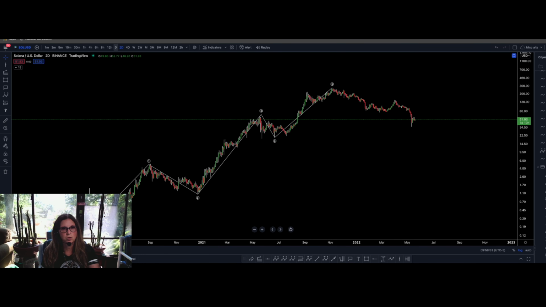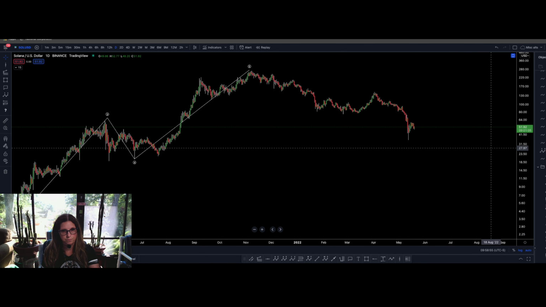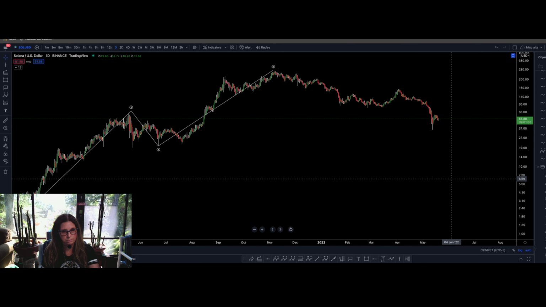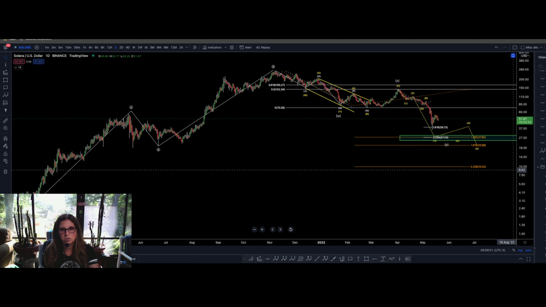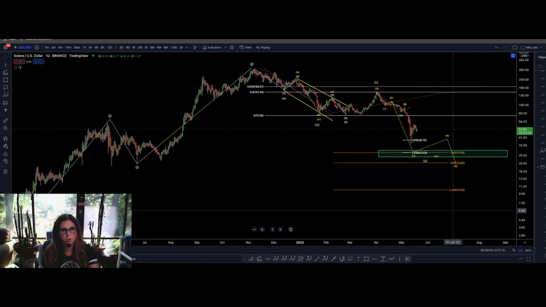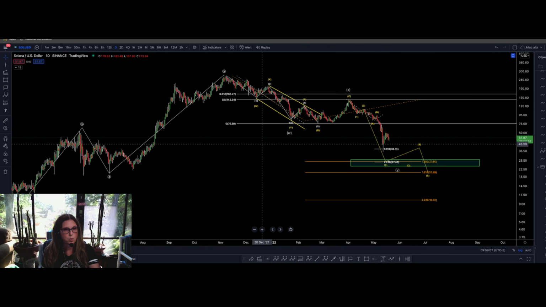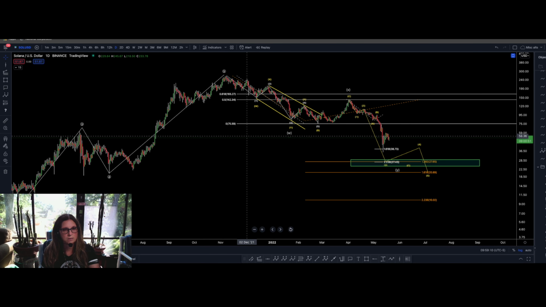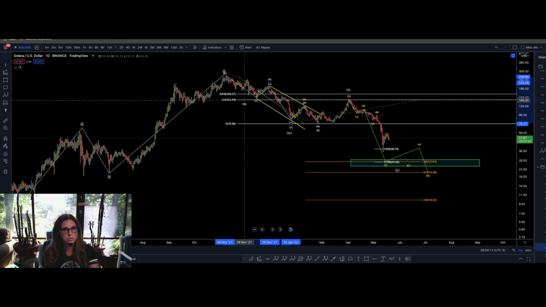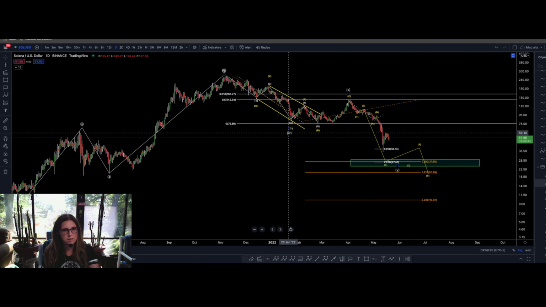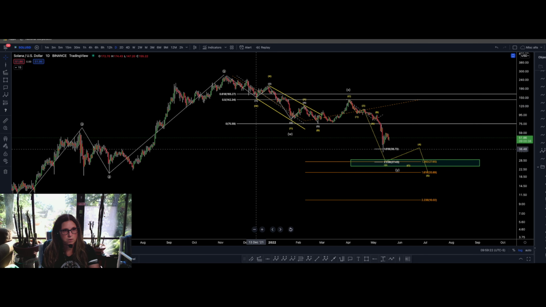Now, when I was looking at Sol this morning, I noticed something very important, and I'm going to try to explain this in the easiest way that I can. I wanted to call this a 3-wave W, a 3-wave X, and a 3-wave Y, which would make a W wave.